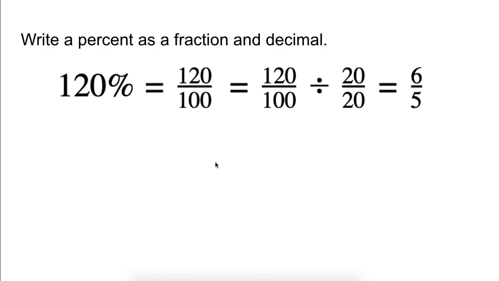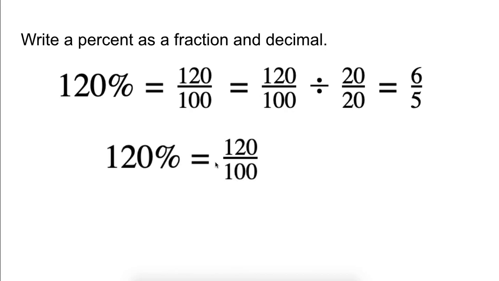Let's write this one as a decimal. If we take 120% and write that as 120 over 100, that is 1 and 20 hundredths, because it's one whole and 20 hundredths.